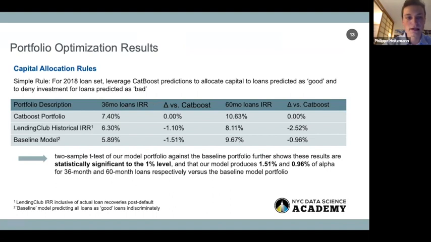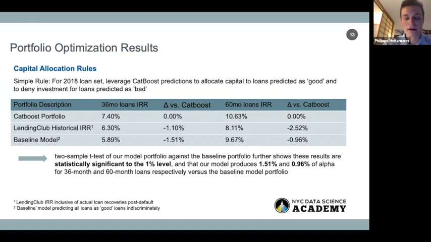So for the CAP-based classifier model, doing that IRR exercise gave us an IRR of 7.4% for 36-month loans, and 60-month loans were at about 11%. And you'll see, if you compare that to LendingClub's self-reported historical IRRs for each of those loan tenors, those CAP-based portfolio results significantly outperformed those historical IRRs, showing that there is some alpha to be had from these machine learning models.